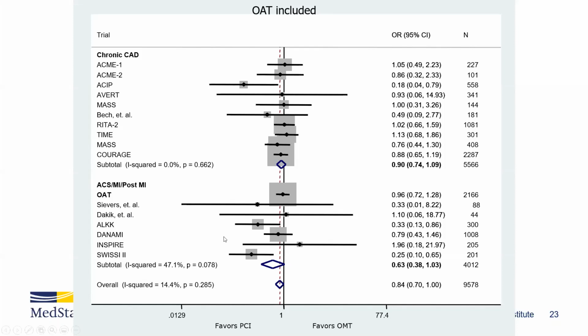And the I-squared now, by adding this trial, goes up to over 47%. So now what that's saying is that the combination of these studies may not be legitimate, or pooling the results from these studies may not be giving you a valid result.